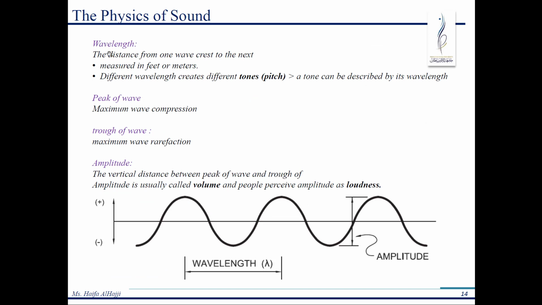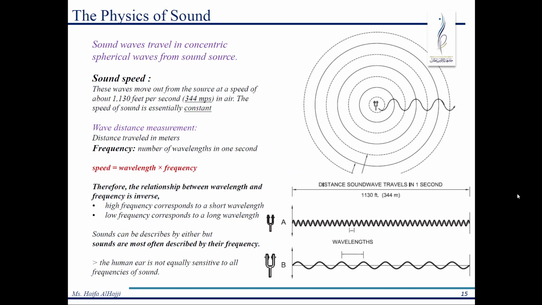It's by the difference in their wavelength. So different wavelength, different sounds. They wanted another way to differentiate between different sounds, which is the frequency: how many waves happen in 1 second, for example, or in a certain distance.